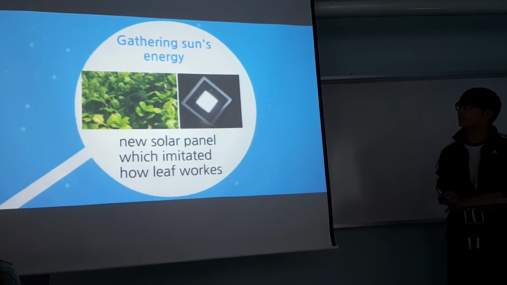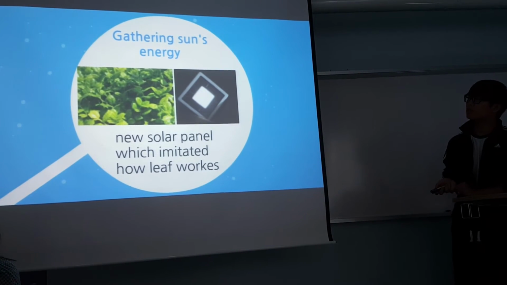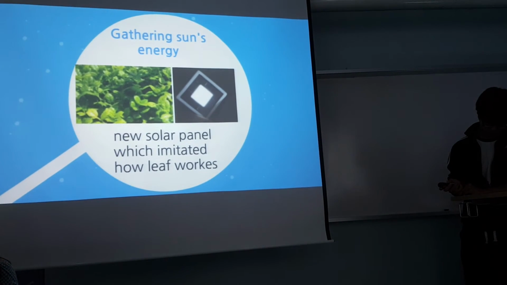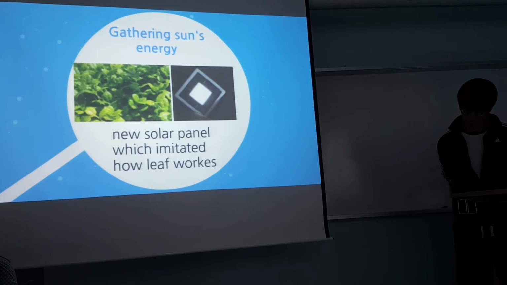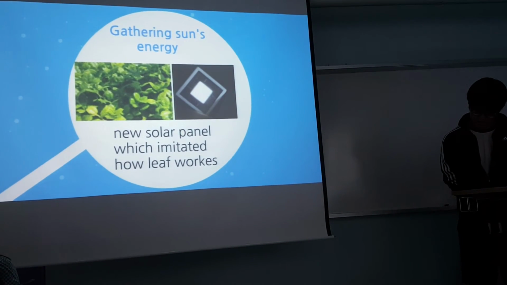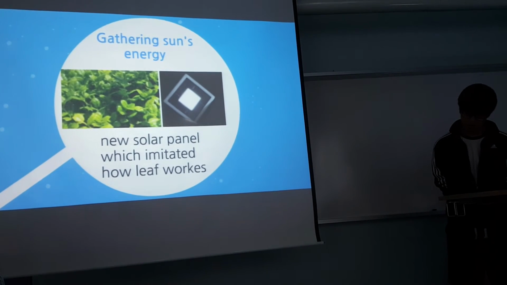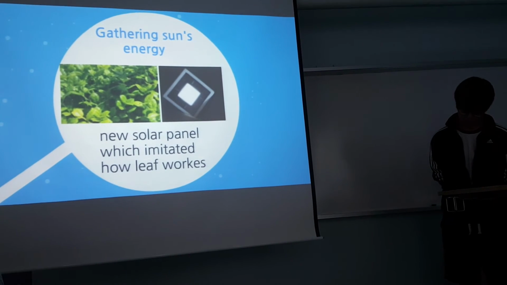And next is the solar panel. This is a new kind of solar cell that's based on how a leaf works. They studied the way a leaf gathers solar energy and applied it to the solar panel.